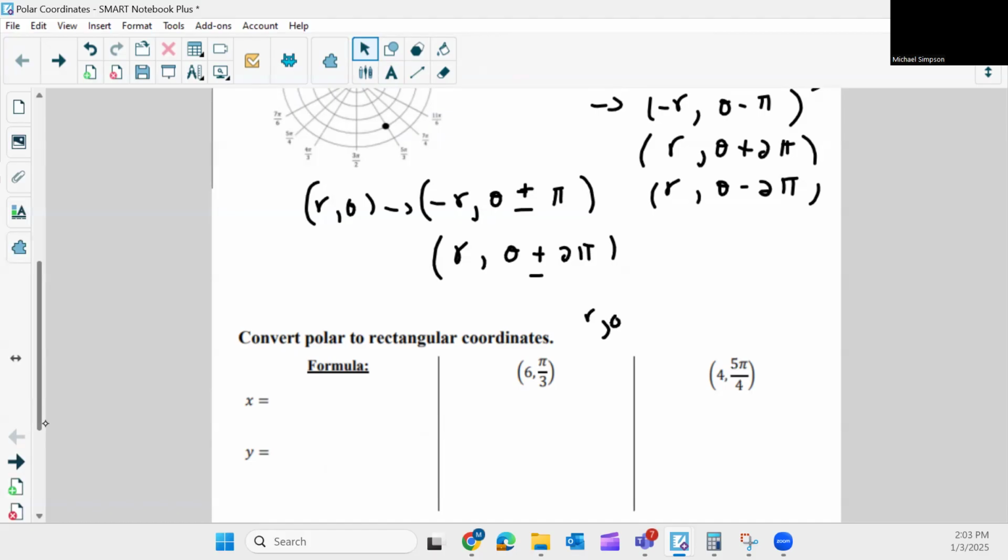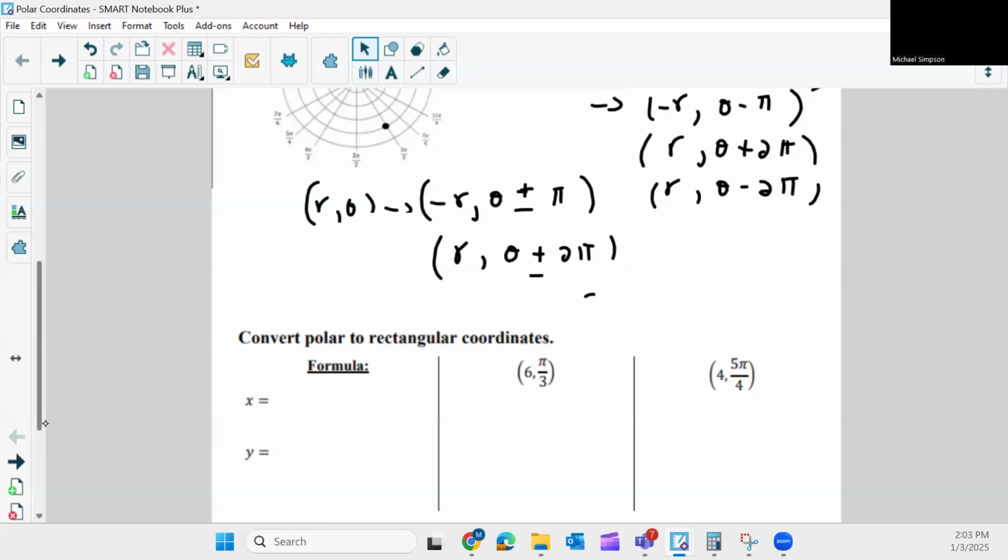We're going from R, theta, a polar point, to a rectangular point. And then I'm going to show you how we can go from a rectangular point to a polar point, R comma theta. Okay. Let's do the first one first. Polar to rectangular. Good. All right. Here we go.